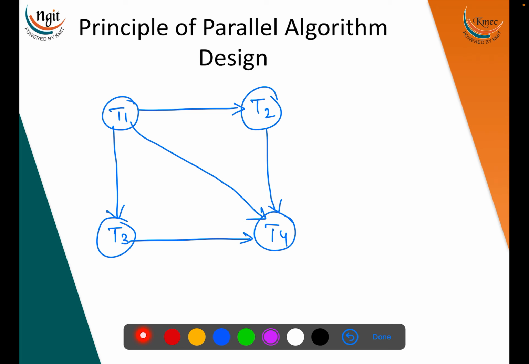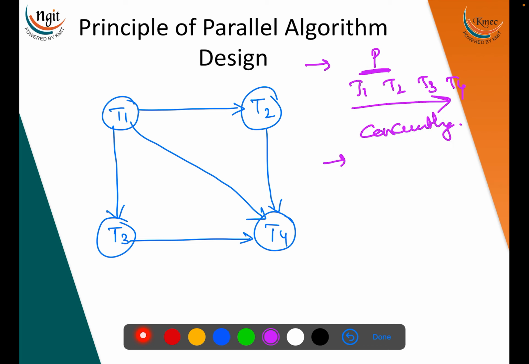The first step in developing a parallel algorithm is to decompose the problem into a number of tasks that can be executed concurrently. A given problem may be decomposed into four tasks, T1, T2, T3, T4, in many different ways. Here I am taking a task dependency graph. What is the meaning of this graph?